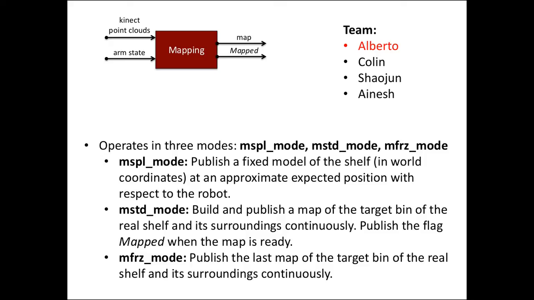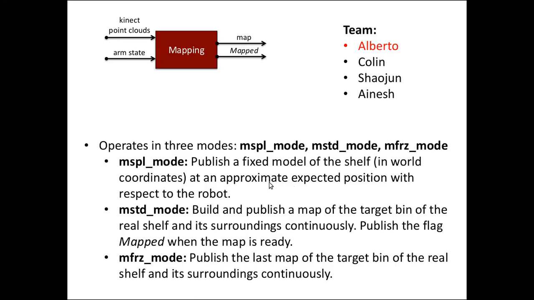So the mapping has also three modes of operation, which are mapper simple mode, mapper standard mode, and mapper freeze mode. In the mapper simple mode, it will publish a fixed model of the shelf in world coordinates at an approximate expected position with respect to the robot.